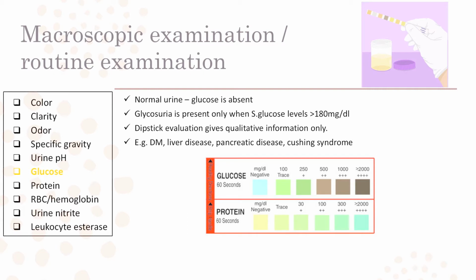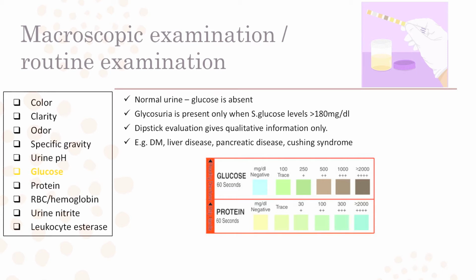Then glucose. If glucose is coming in the urine more than the normal amount, that is approximately above 200 or 180 milligram per deciliter.